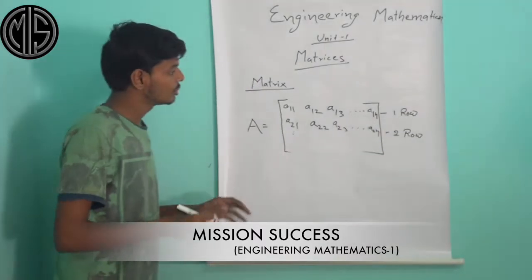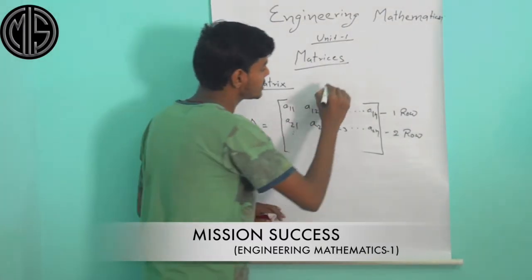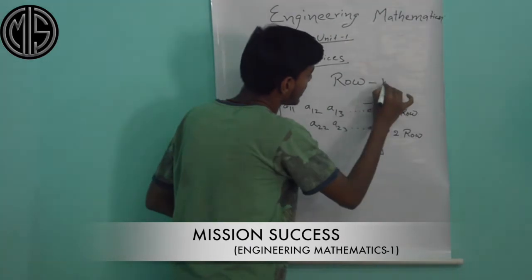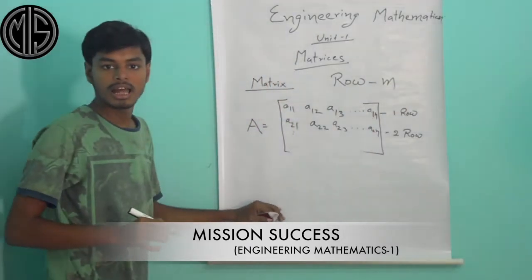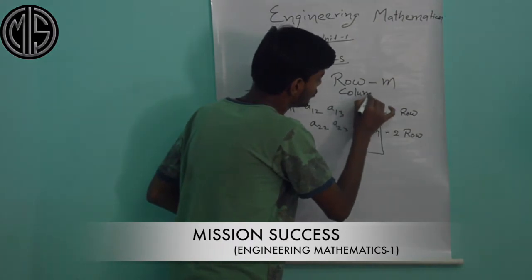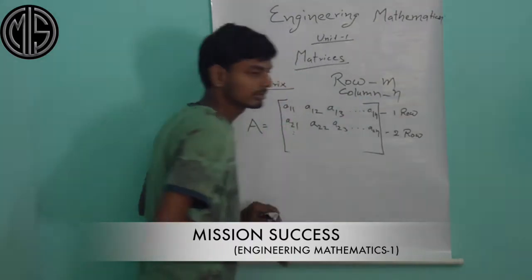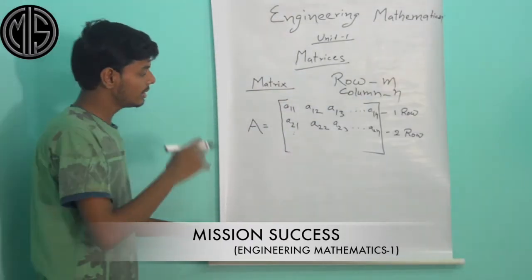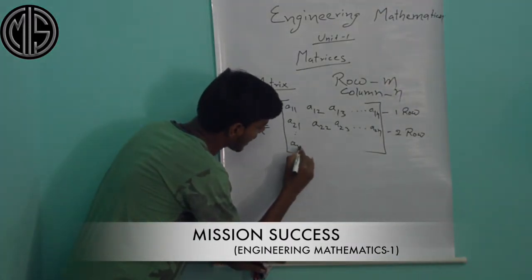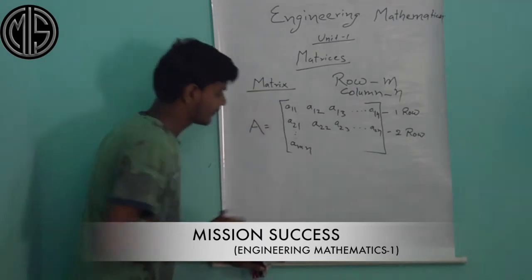In a matrix, row is represented as m and the column is represented by n. Then we can write here Amn.